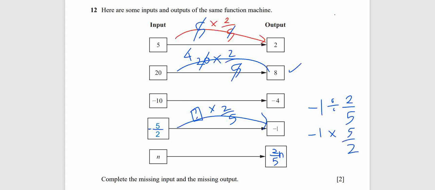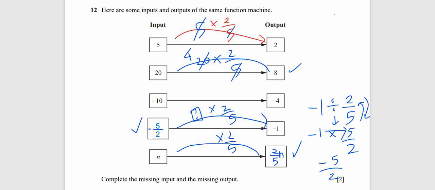That's how we do the division of fractions: we swap this and change it into times. Now negative 1 times 5 is negative 5 over 2. So that's how we got negative 5 over 2. The same applies to this one, times 2 over 5, so it will become 2 over 5, and that's how we got the answer.